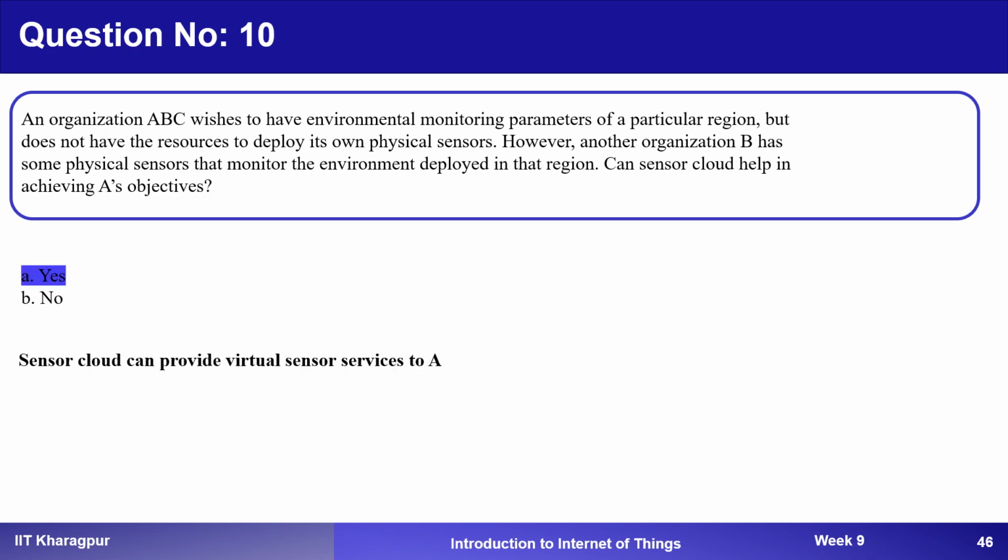So this is the statement. You can read and tell me whether A is sensor owner or B is sensor owner, or both are sensor owners, or both are end users.